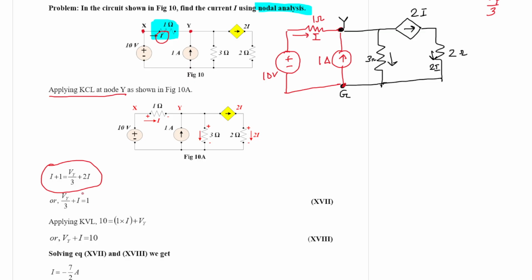If you simplify this, you will have Vy by 3 plus I is equal to 1, which is equation 17 for us.